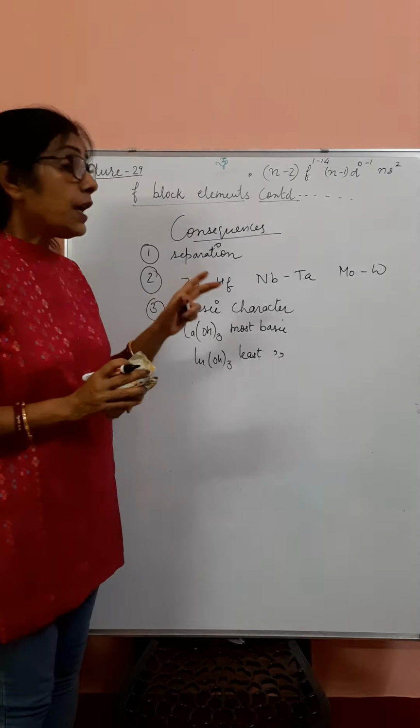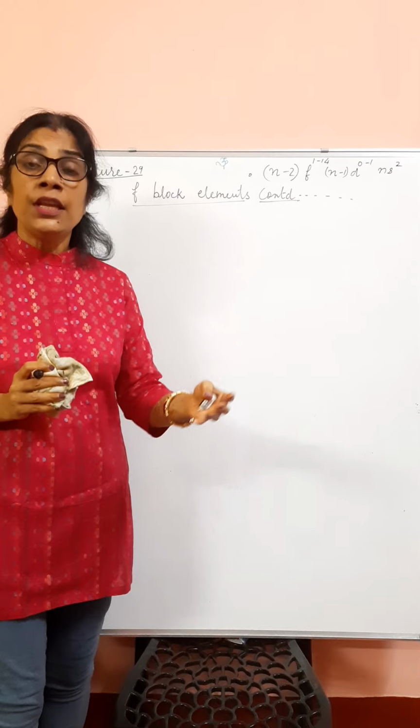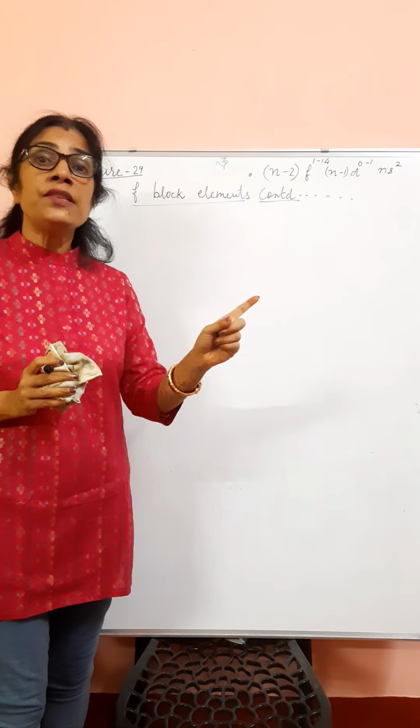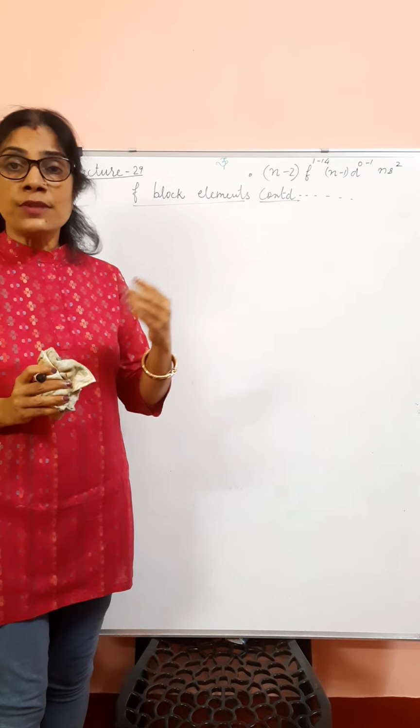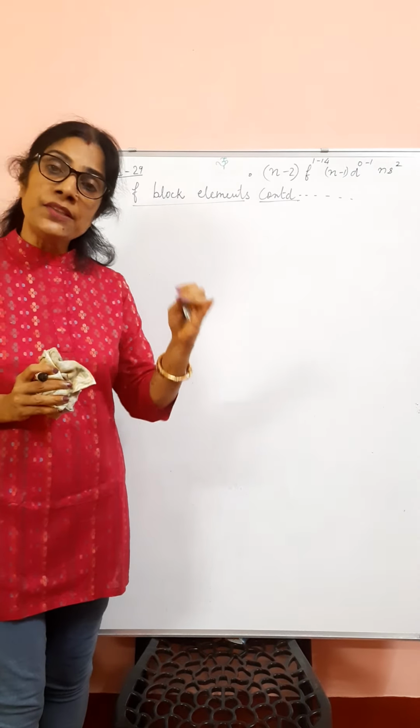Okay, and their melting point ranges from 1000 to 1200 Kelvin, but samarium is steel hard. It has a very high density. Its melting point is also 1623 Kelvin. So samarium's density is high, its melting point is high, and so on.